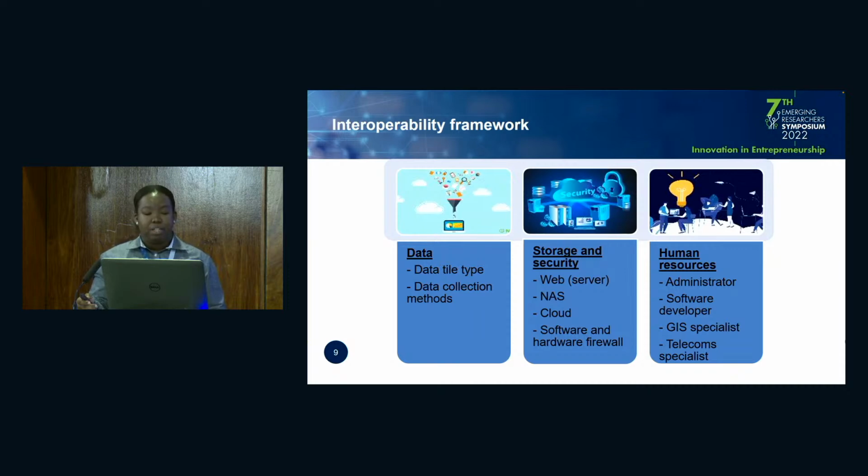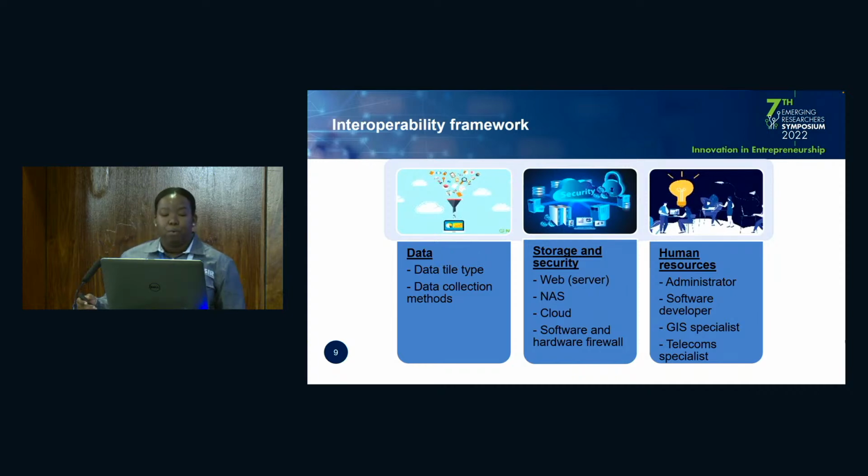So with the storage, a web server or a server, a network attached storage, and cloud services can be used. So with the server and the NAS, the storage is fixed, and that could be a problem if the storage will not allow all of the data received to be saved. With cloud services, the storage can easily be extended if more data needs to be saved.